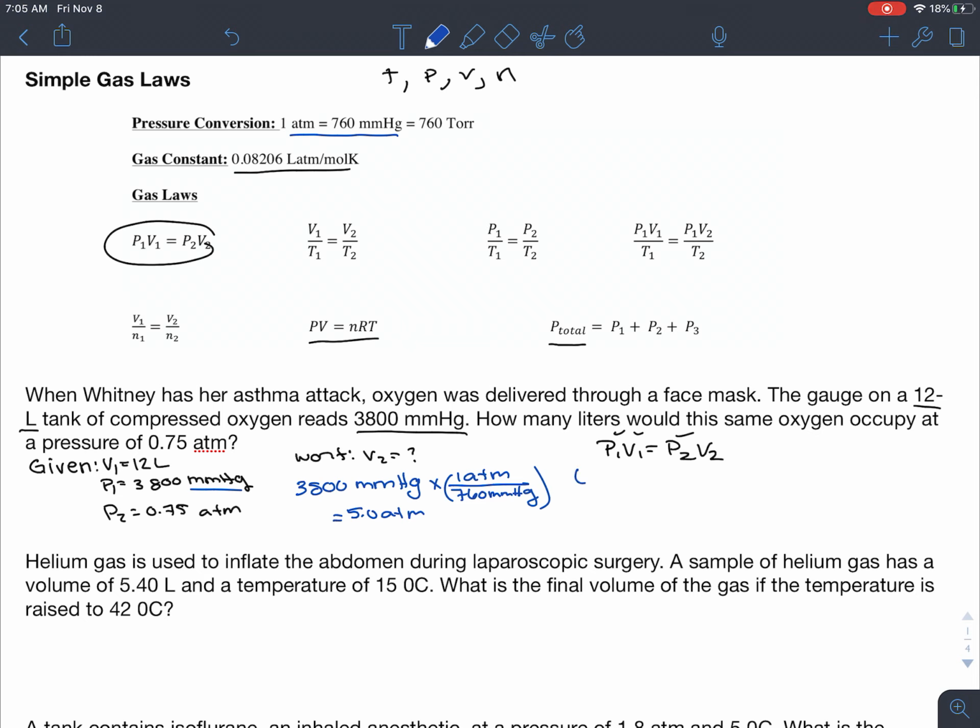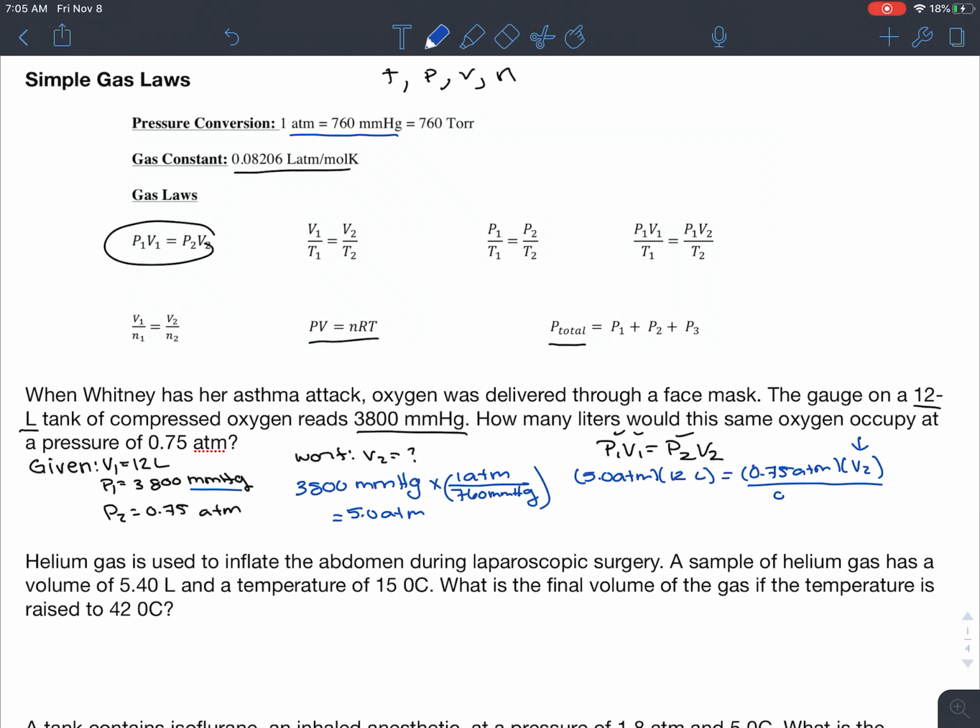So you have, for your first pressure, which was 5 atmospheres, you converted it, times volume, 12 liters, is equal to your second pressure, 0.75 atmospheres, times your second volume.